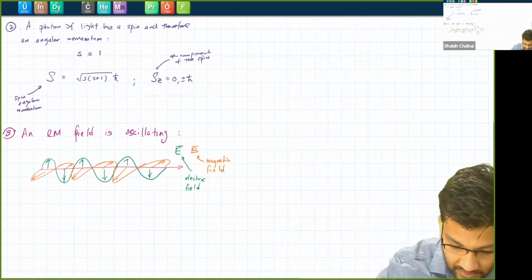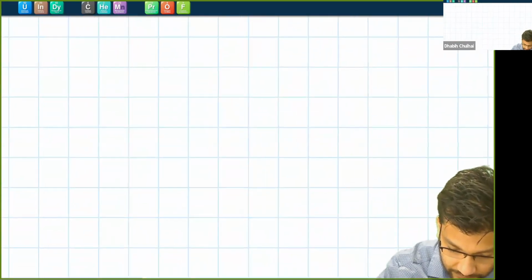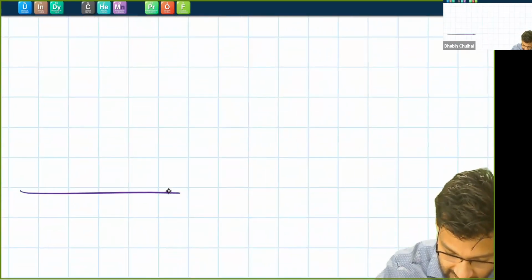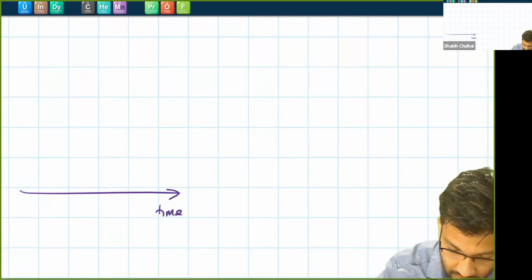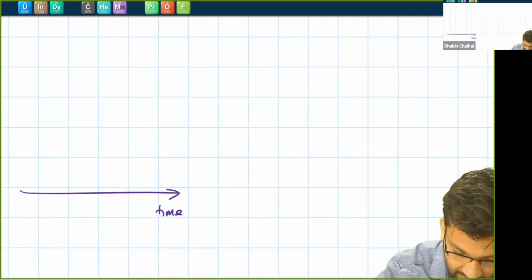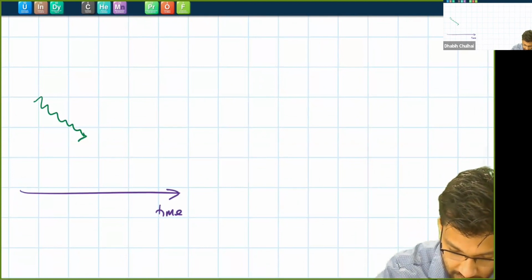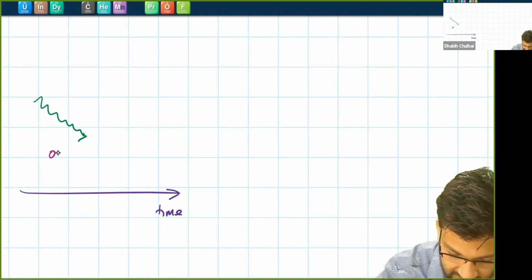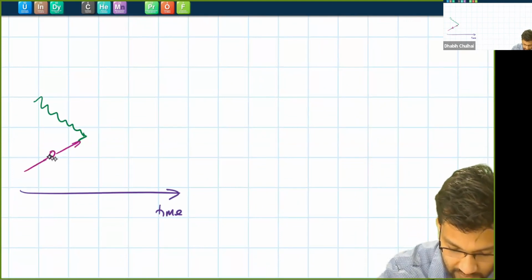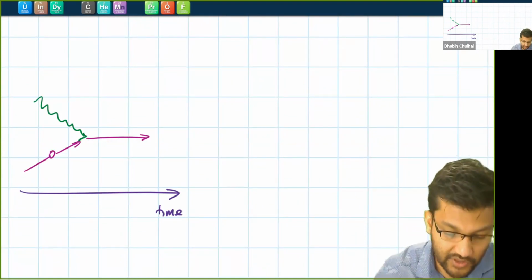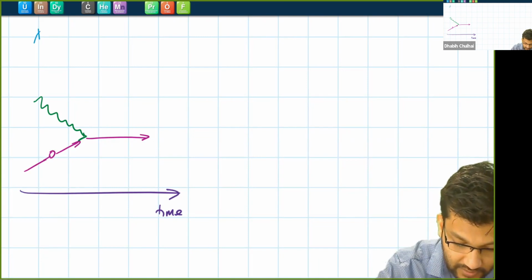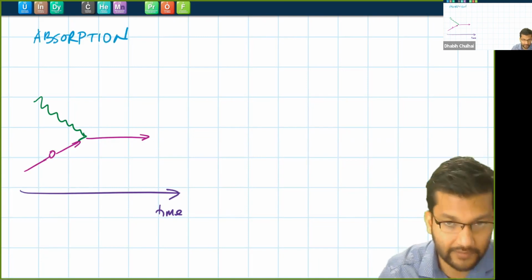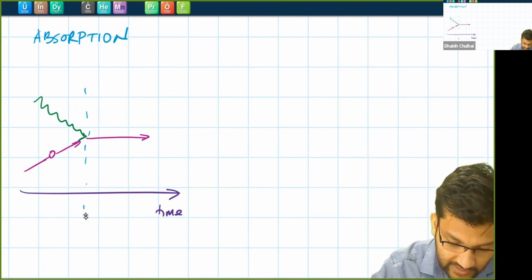So if you think about it, let's just draw some picture. Let's say this x-axis is my time. Let's say we have a light ray coming in and a piece of matter coming in, and they interact with each other and then the light gets absorbed. So this would be for absorption, right? This is the point where they interact.